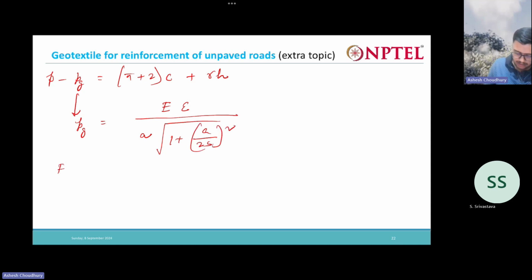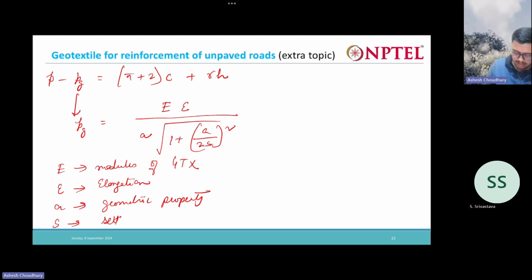So E is the modulus of geotextile, elongation, geometric property, and S is the settlement under wheel load. These are the various parameters.